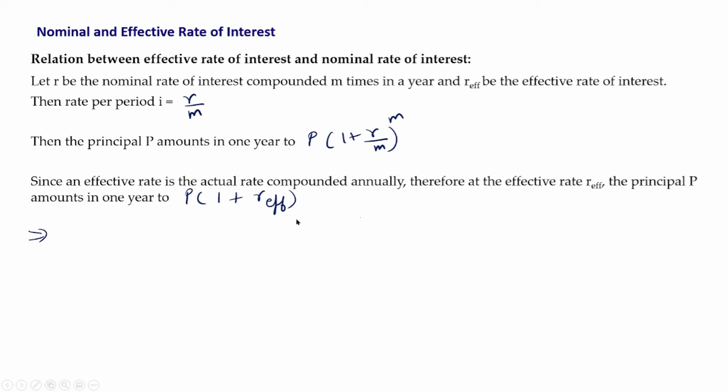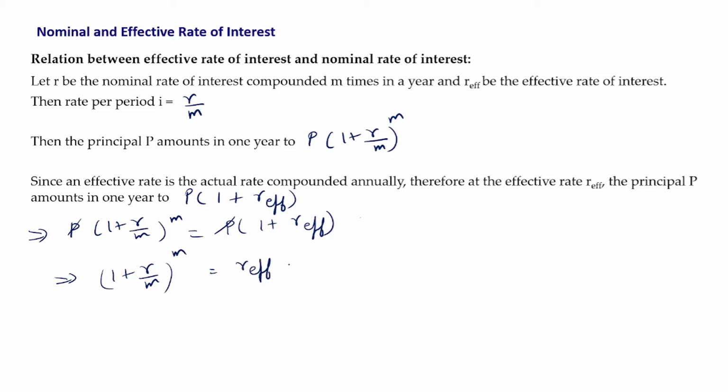So from these two we have P into (1 + R/m)^m equal to P into (1 + R_eff). The two P's cancel, so we have (1 + R/m)^m equal to R_eff + 1. This implies the effective rate is equal to (1 + R/m)^m minus 1.